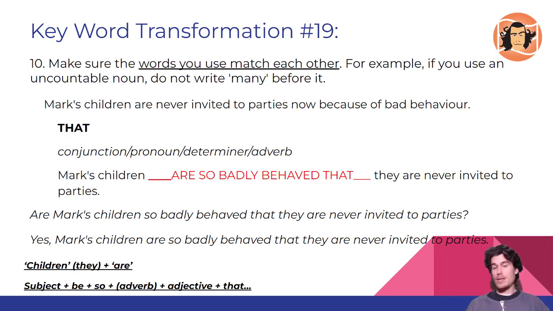And as I say at the bottom here, exactly that. Subject, and then be, which we have Mark's children and are. So, then an adverb, badly, adjective, behaved, that. So yes, it seems good to me. With my knowledge of English, I think this is the correct answer, and I can tell you that it is the correct answer.